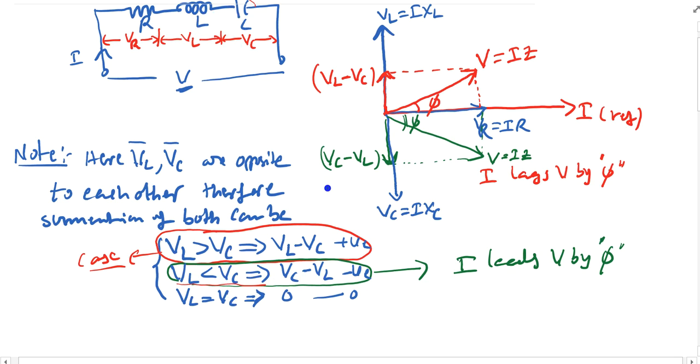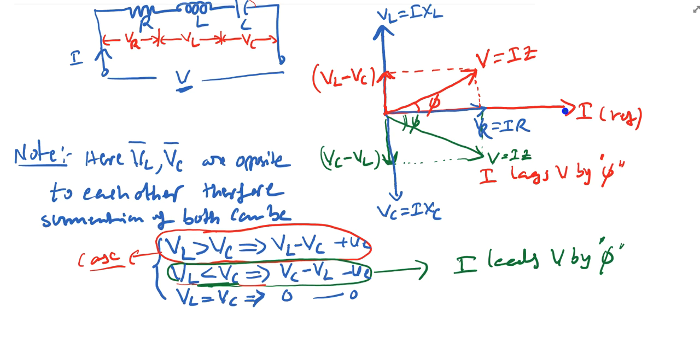That's why I am getting VC greater than VL, so this net amount is coming in the downward direction. So my voltage obviously lags current by some angle phi. These are the two scenarios I am explaining here.